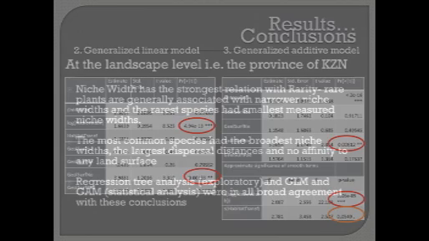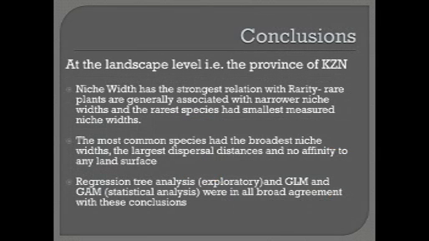From that, you can basically say that niche width has a strong relation with rarity, and rare plants are generally associated with narrow niche widths. The rarest species had the smallest niche widths, and the most common species had the broadest niche widths, the largest dispersal distances, and no affinity to any land surface.